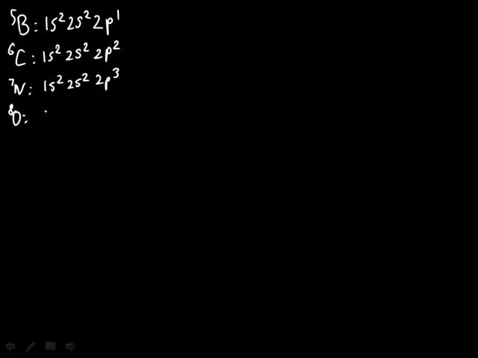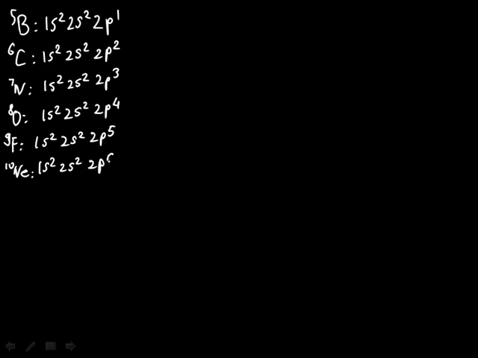Oxygen, which has 2p4. Fluorine, which is 2p5. And finally neon, which is 2p6. Since we have only 3 p orbitals, and each one of them can contain 2 electrons, we stop with neon because there is no more space.